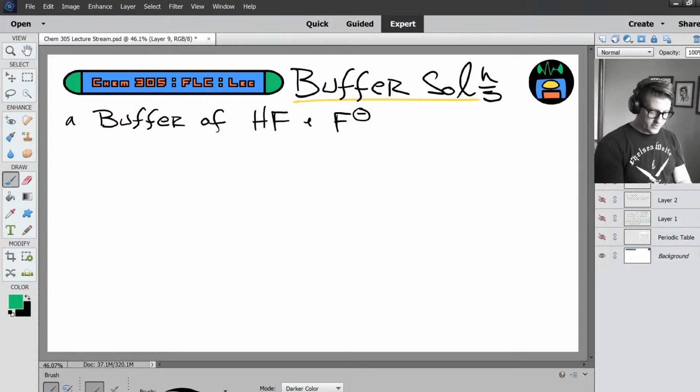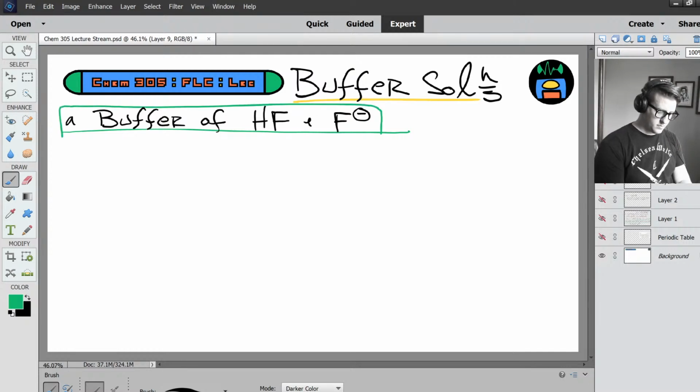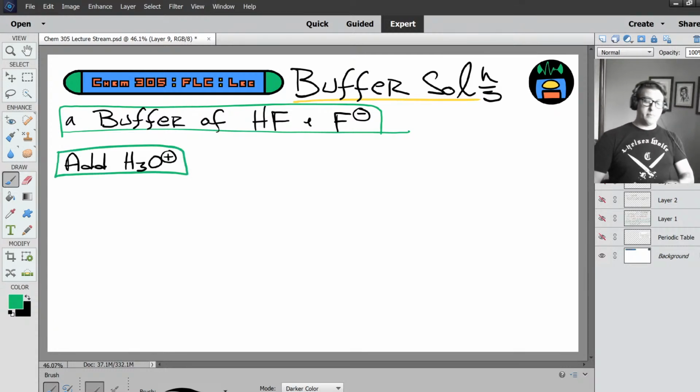So we've got this buffer, and let's say we add hydronium. Normally, if you add an acid source to a solution, the pH is going to jump.